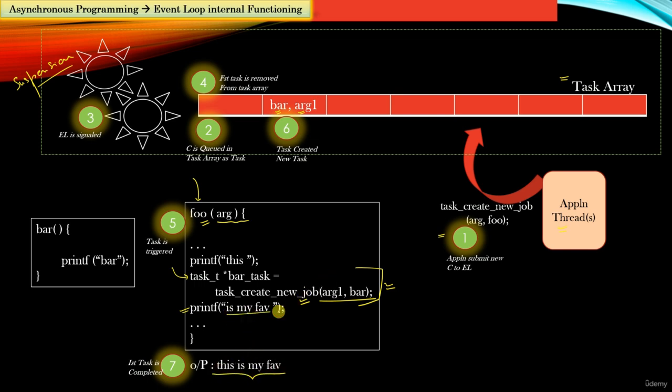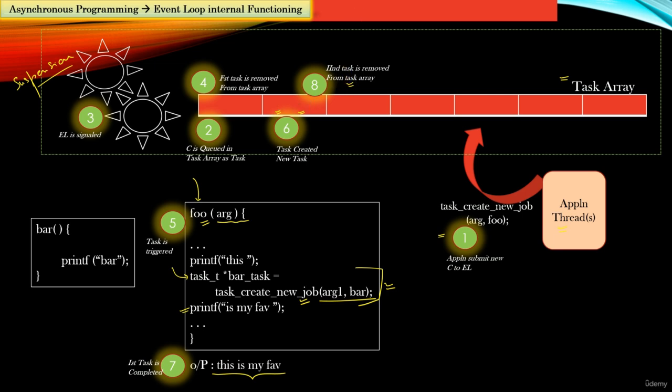This is my favorite. So now after step number 7, the first computation which was submitted by the application thread to the event loop has been completed. Now it's time for the event loop thread to look for the next computation present in the task array. So in step number 8, the second task is removed from the task array by the event loop thread.